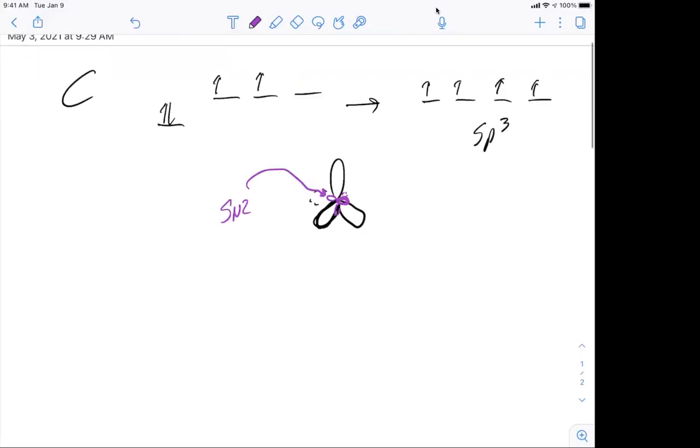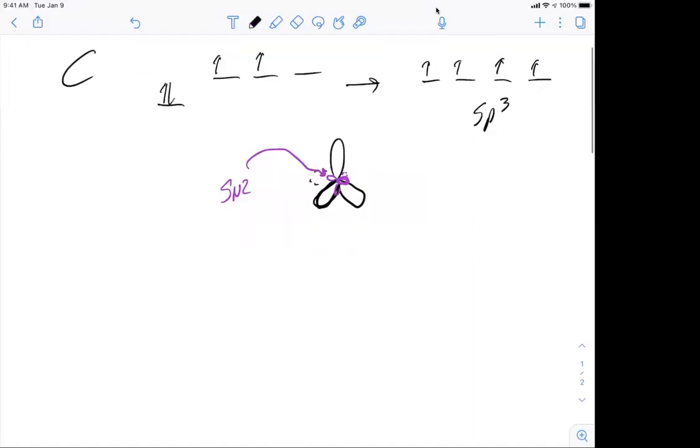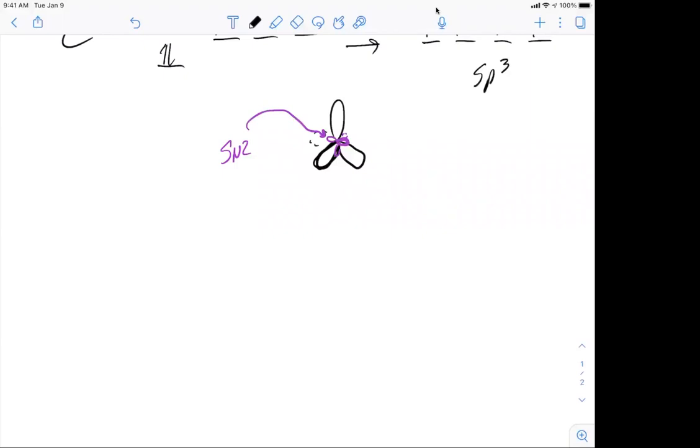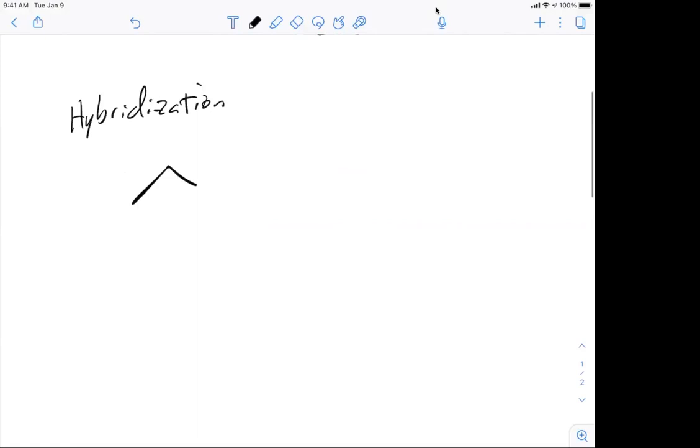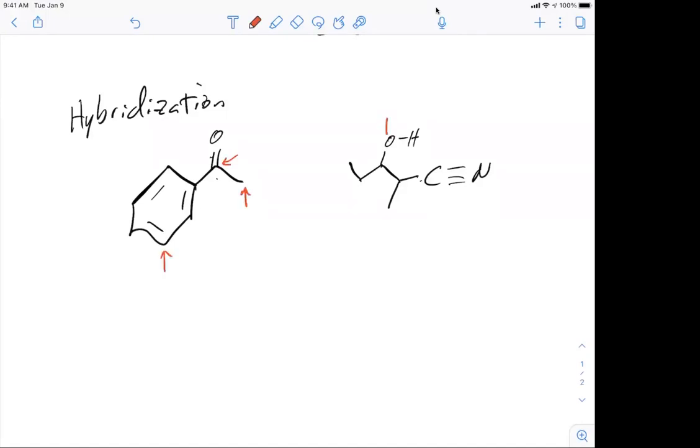So let me draw a couple of structures. Give me the hybridization of the marked arrow atoms. So let's take a little time.